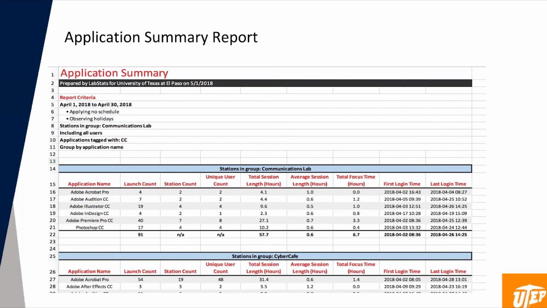Just to give you an example, our biggest lab on campus is managed by us, and we have over 300 computers on there, Windows and Mac, with over 50 Macs. But by utilizing these reports and continuously using our trending, we were able to say, okay, we only have Creative Cloud on 10 computers.